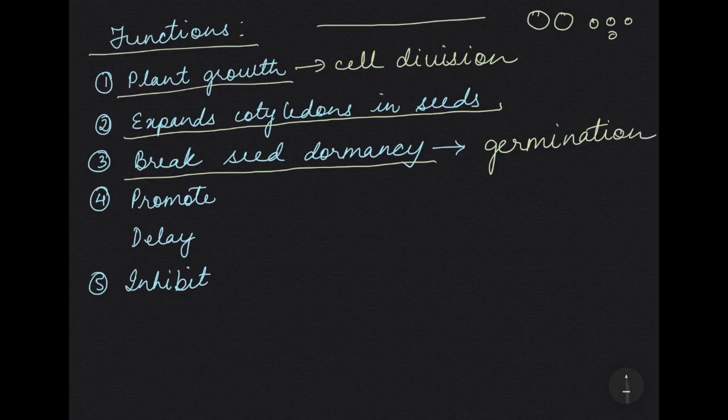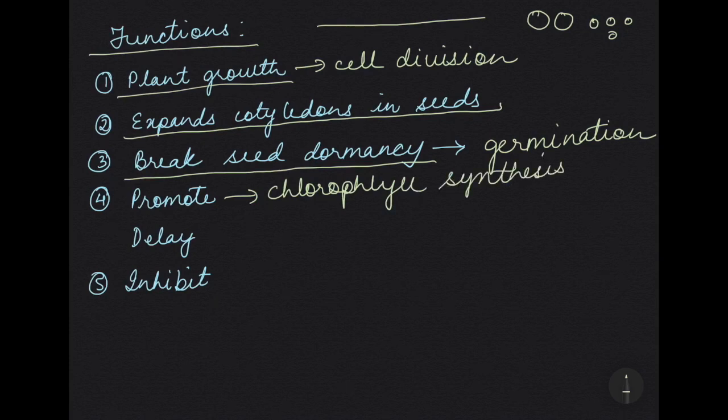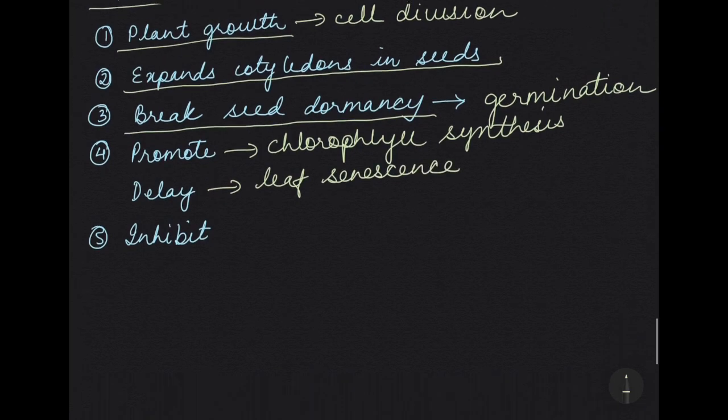Next, they promote chlorophyll synthesis. That is, it helps in the synthesis of chlorophyll, and it delays leaf senescence. You know what leaf senescence is? Senescence means aging. So it does not allow the leaves to get old quickly, okay?